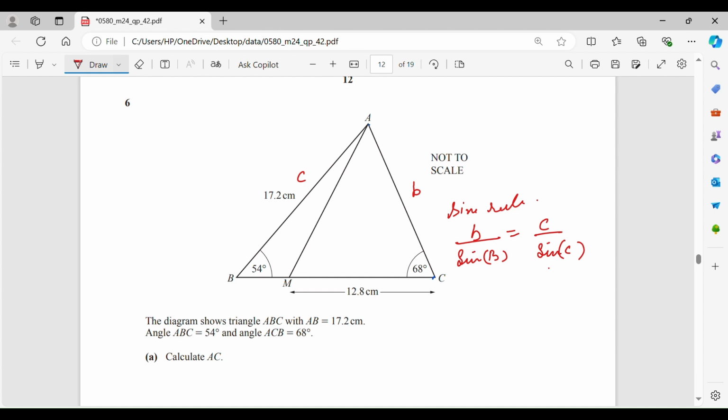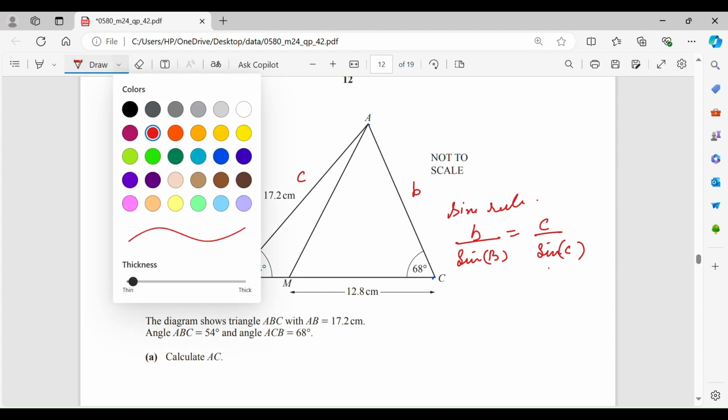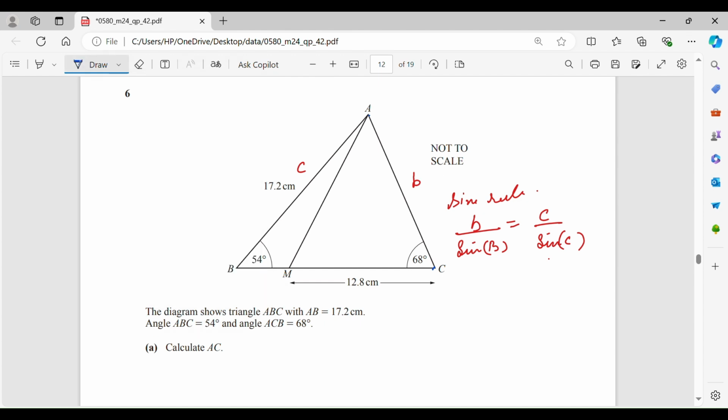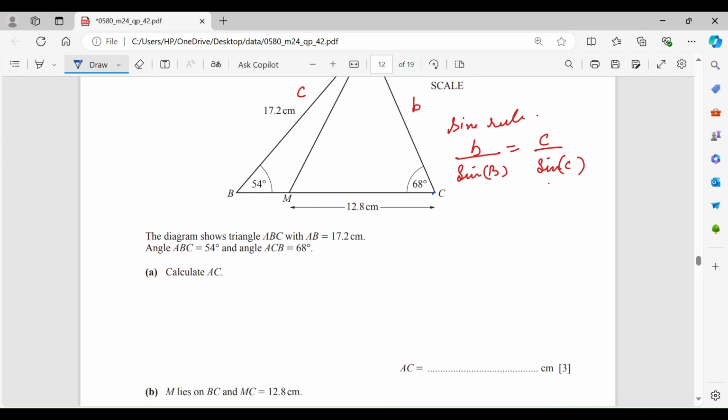Now we will use this formula here. So b will be AC, AC over sine B. Sine B is sine 54 degrees. This equals c, which is 17.2, over sine 68 degrees.